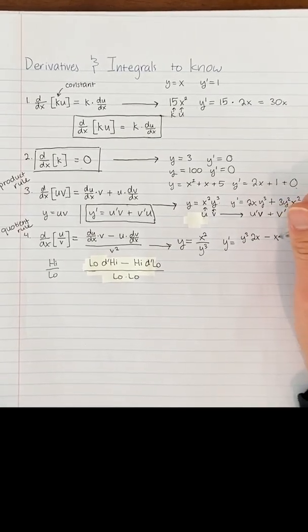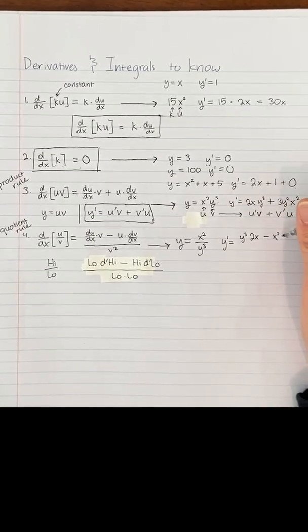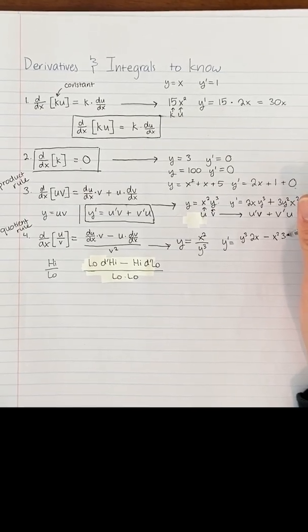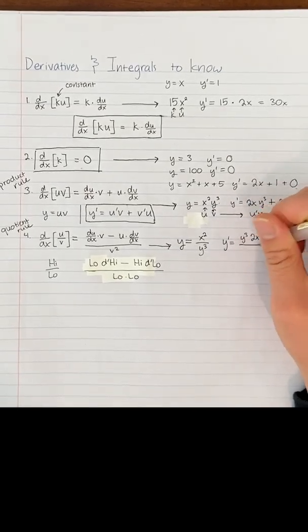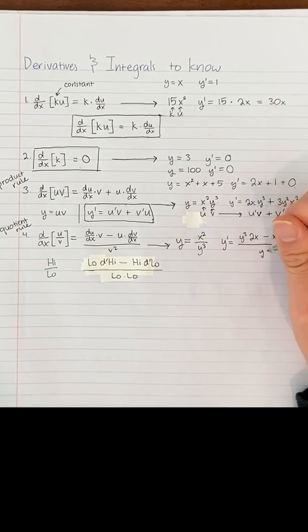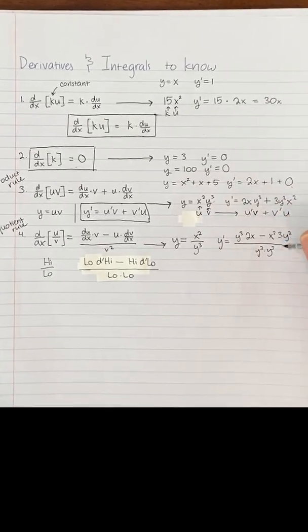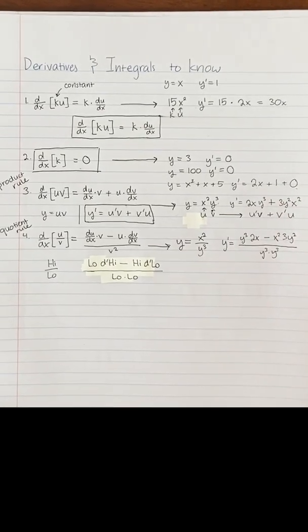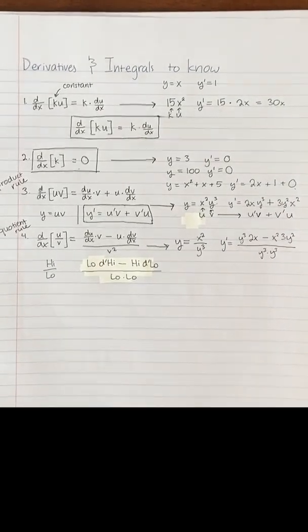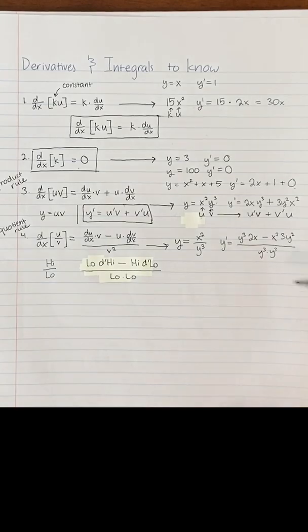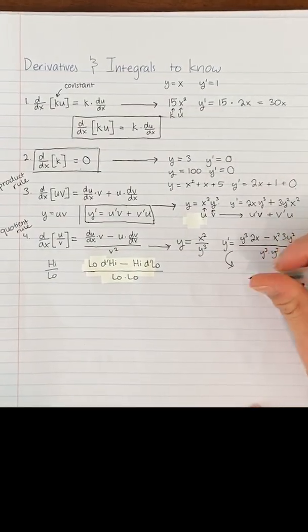High number, d low, derivative of the lower number over low, basically y cubed times y cubed. Or if you want, you can write it y cubed parentheses, squared. So after you find that, you'd simplify it, okay?